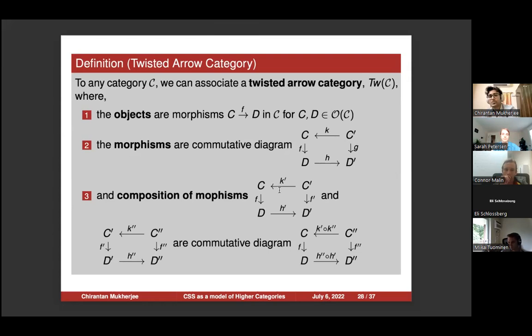Now, if I have two morphisms, then I can compose them in the usual fashion and get k' k''. I just compose the top arrows together and I compose the bottom arrows together to define the composition.